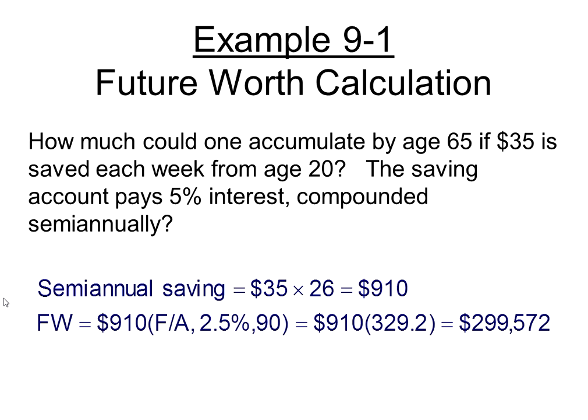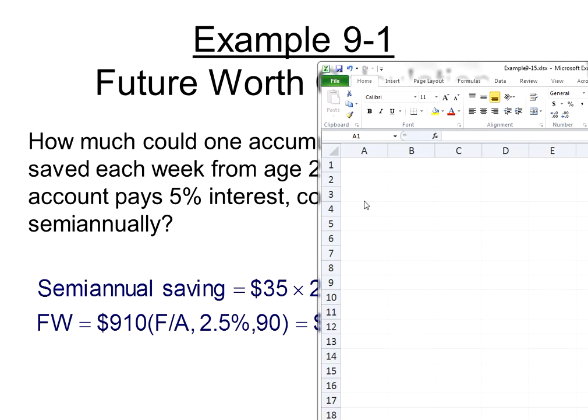Excel. So I open the Excel sheet, and so I could use and introduce 910. But if I just wanted to compute this F given A factor, if I wanted to find F given A factor for 2.5% and 90, right?